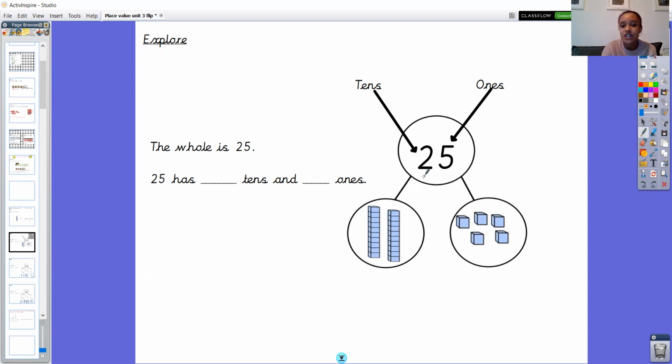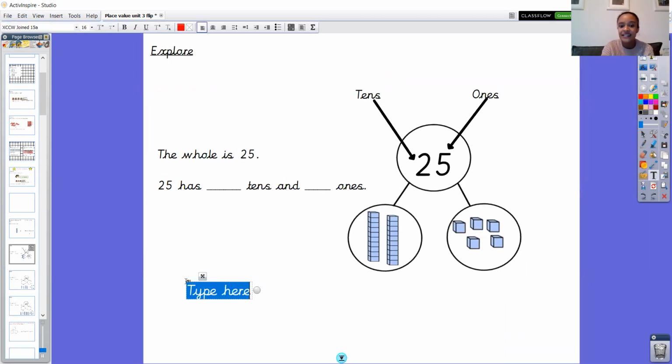So this is representing two tens, and we know that double 10 is 20. So two tens are 20. This first number is representing 20, and this second number is representing 5 ones. So it's 20 and 5, which gives us 25. So there are two tens and 5 ones.